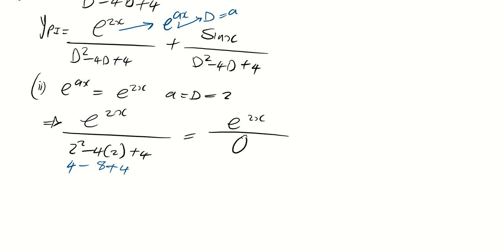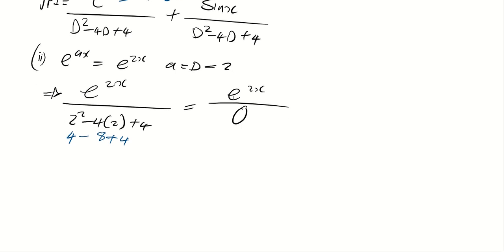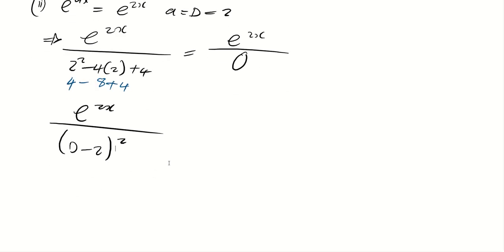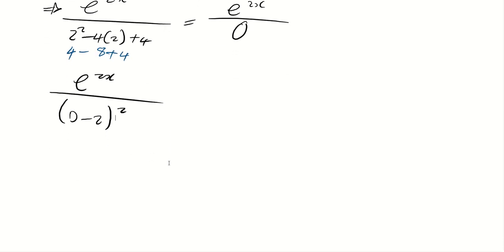So if your equation is undefined, the alternative method is to take e to the power 2x divided by D minus 2 all squared, which is the same thing. It's not a difference of two squares, it's a repeated factor.